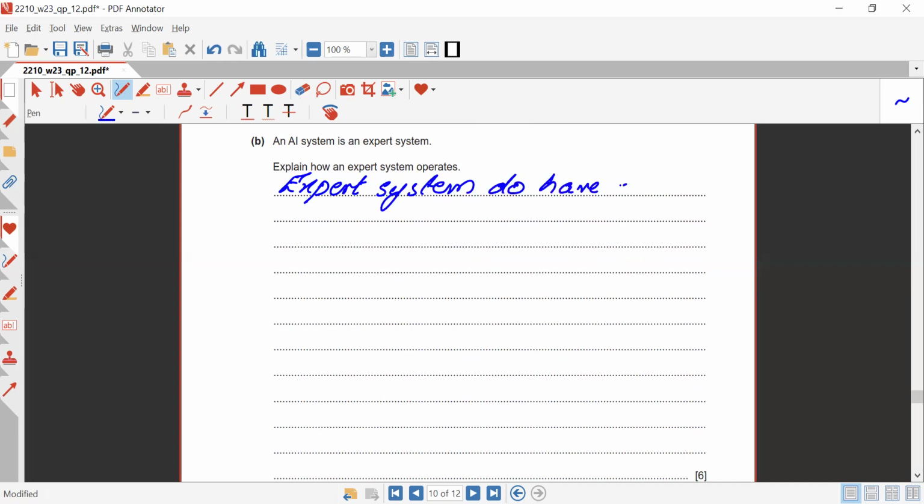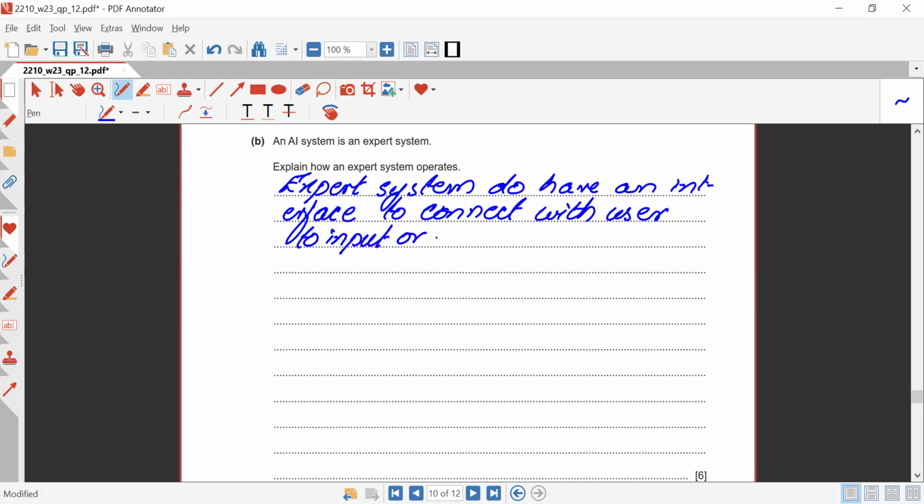Expert systems have an interface to connect with the user, to input or output data.